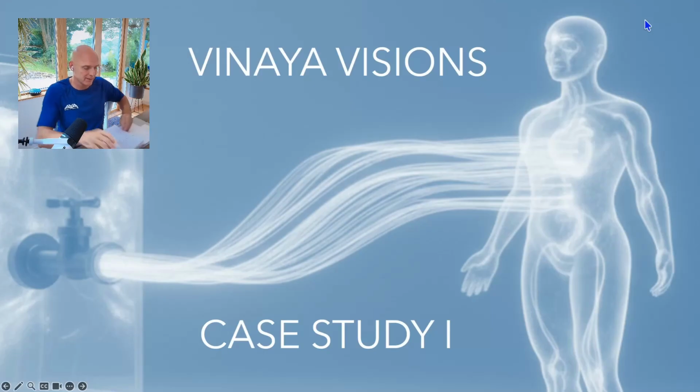Now, this particular case study has a whole book, and I've shown you this before, haven't I? It's a whole book of visions. In this lesson, we're not going to go through the whole book. We are taking a section out of it because it's relevant to the healing of the lungs, but there is a lot more in this book. This person was also going through self-realization, so there's a whole lot in here about self-realization and that process as well.